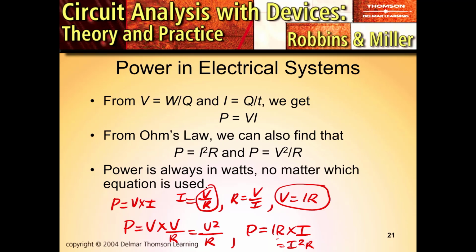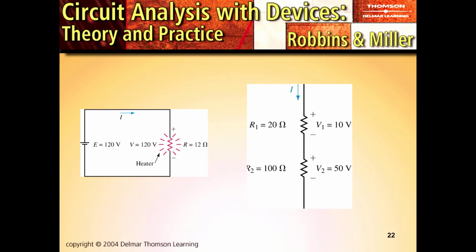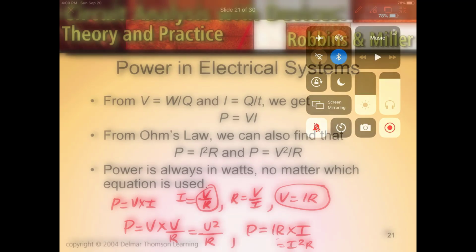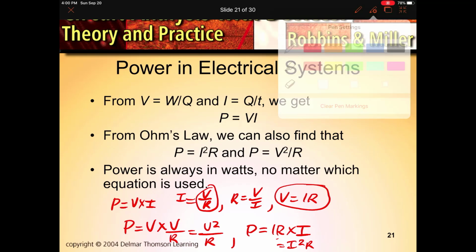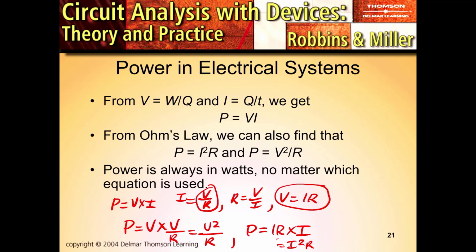So now we've expressed P in terms of V and R, P in terms of I and R, and we already have P expressed as V and I. The last thing it says here is power is always in the unit of watts, no matter which equation is used.